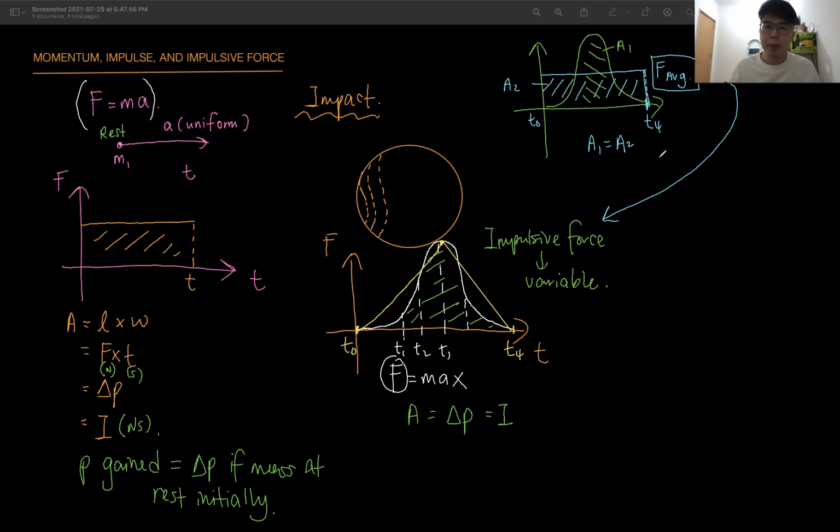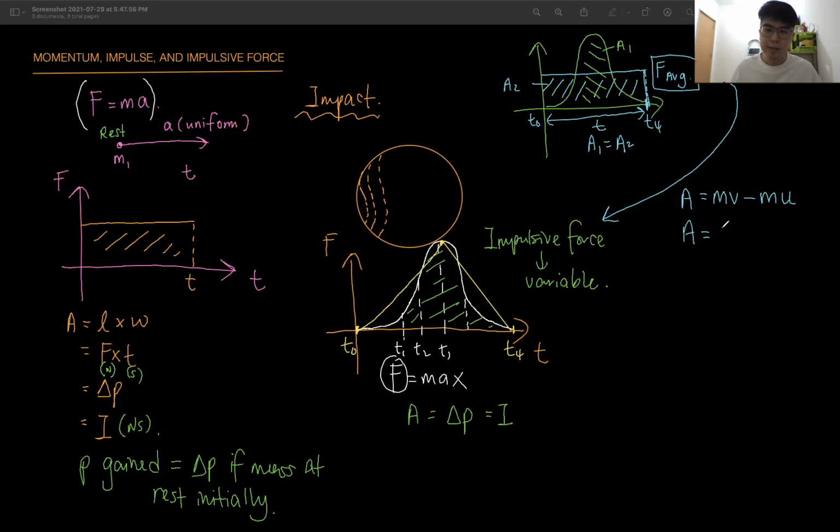From here, we know that area equals change in momentum, mv minus mu. And area also equals this square, the length times the width. The length is the time duration where the force is applied. Let's call it T. And the width is the average force.